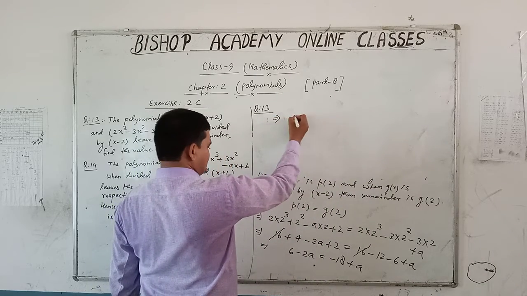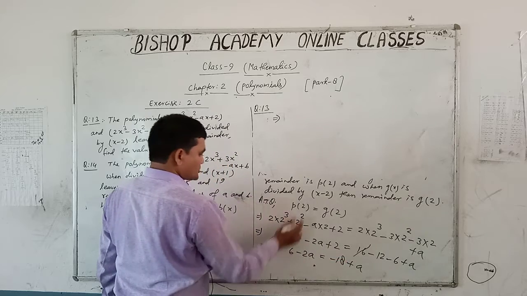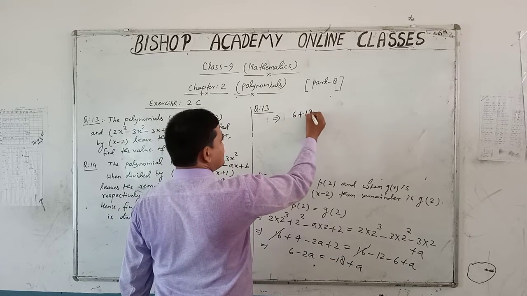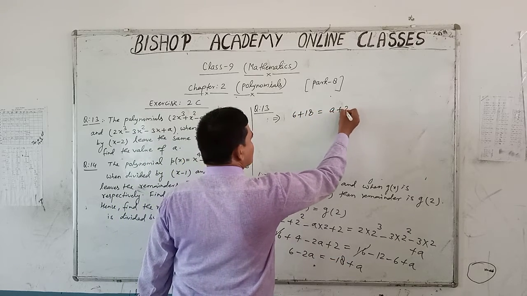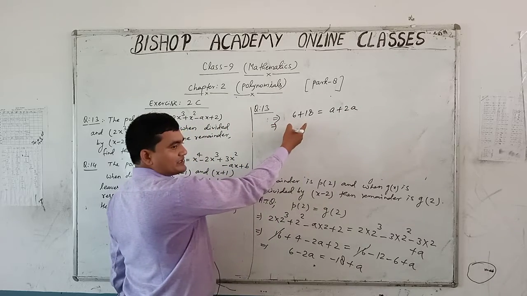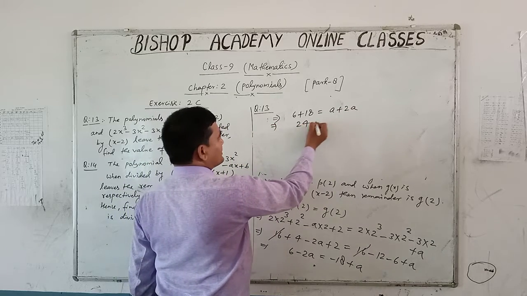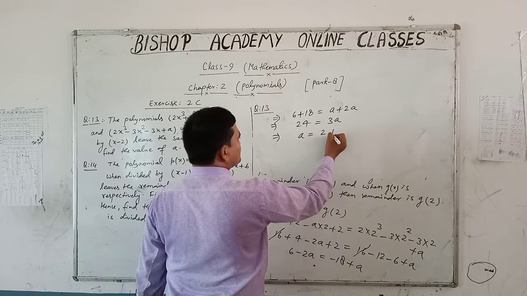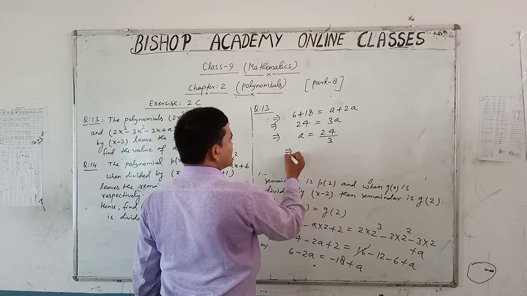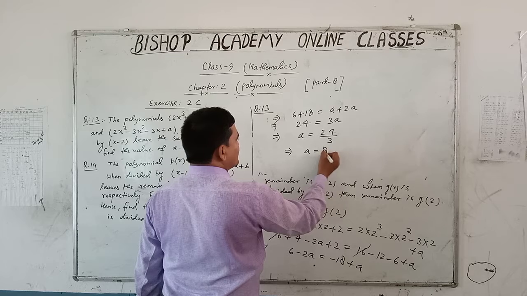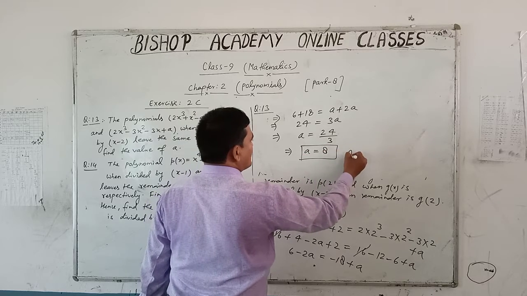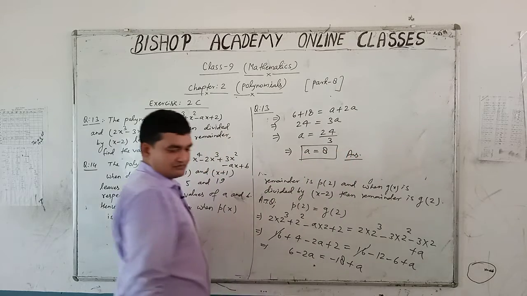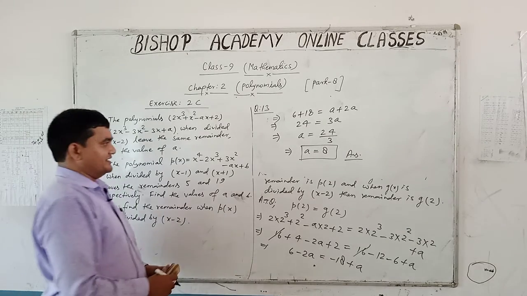This implies that इधर आप ट्रांसपोज कर लीजिए तो 6 plus 18 is equal to a plus 2a. 6 और 18 आप ऐड करेंगे 24 equal to 3a. This implies that a equal to 24 upon 3 means a is equal to 8. This is required value of a, and value of a is 8.